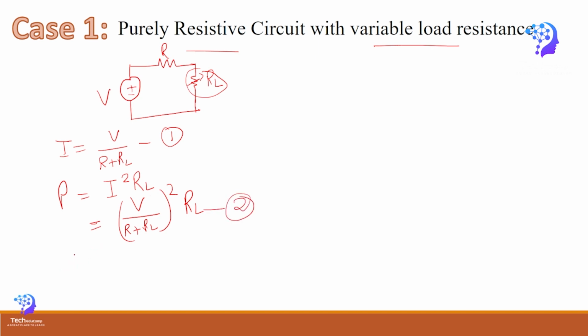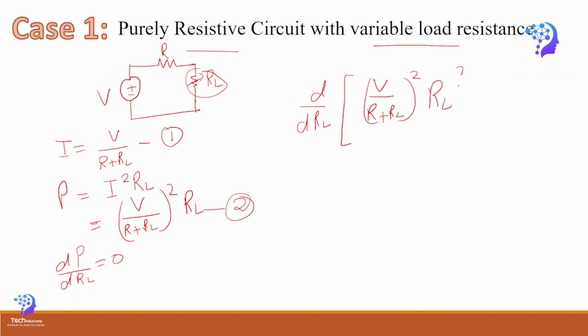What I can do is differentiate this. So dP upon dRL, with respect to RL, I put equal to 0. When I differentiate, I put the value of P here: d by dRL of V upon R plus RL whole square into RL.